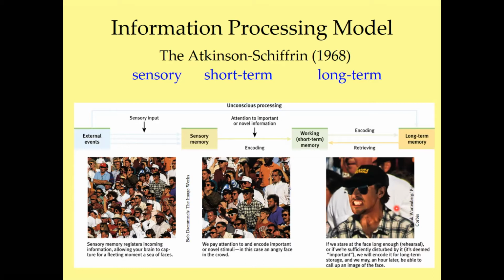If you notice, from the vast amount of information in sensory memory, we have a fragment of it making it into short-term memory, and even a smaller fragment in this case, maybe just that weird guy that was in the crowd that maybe it'd be good to remember that guy's face in case you run across him later in a dark alley or something like that, right? So notice there is less and less information as we go longer and longer term.